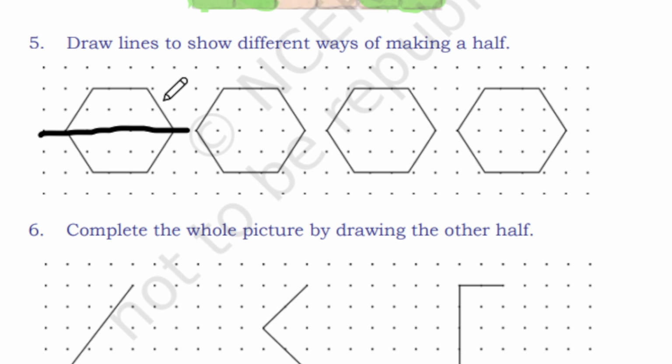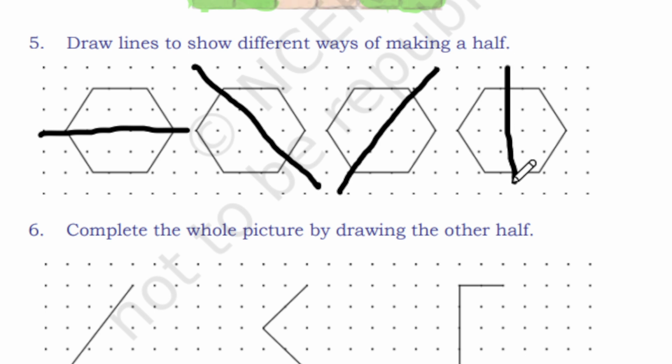Use your scale, so it will be very easy. Here you can draw a center line, and on this side you can draw another center line, and on this one you can draw another center line. Okay, I'm not using a scale. If you have a scale, use it and do it correctly.